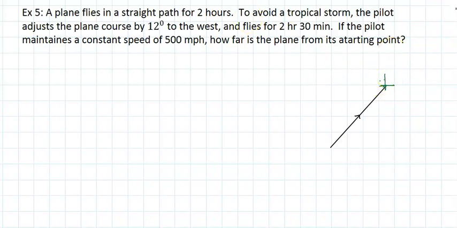West is in this direction. So the new path, instead of running straight, I'm going to move from this straight path by 12 degrees to the west. I'm exaggerating that angle a bit. Let me bring it further down. There we go. So in that direction, 12 degrees.